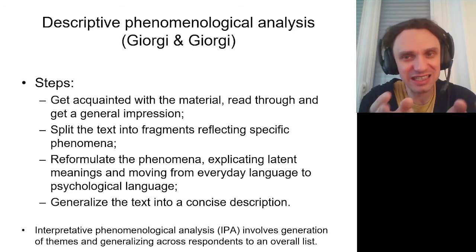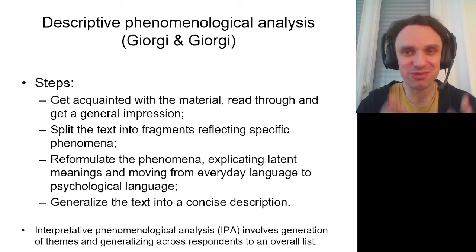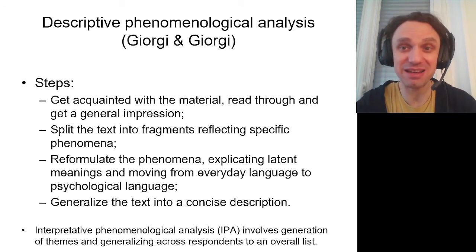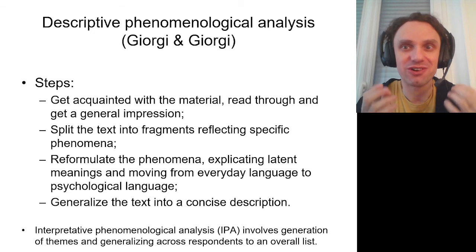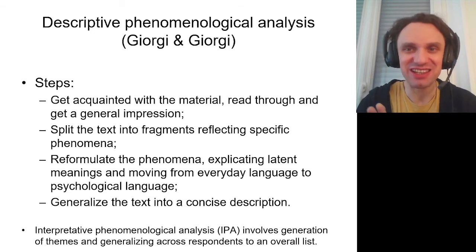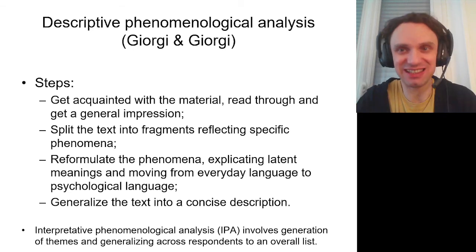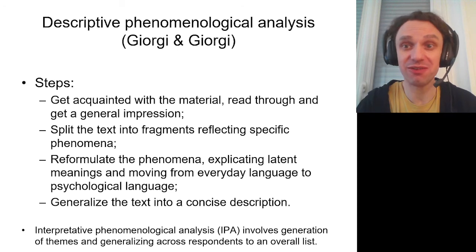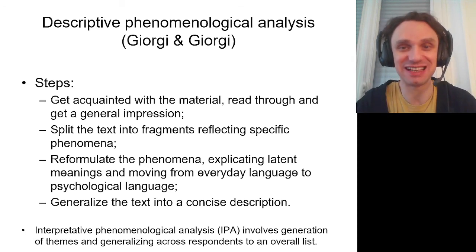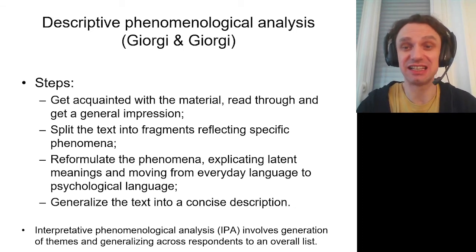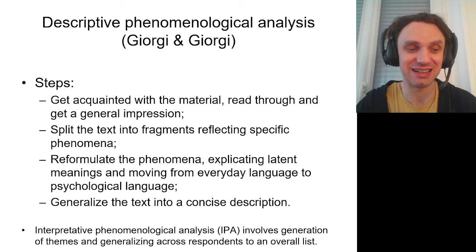So your goal is to explicate and to present what you understood, and some of these might be actually your intuitions about the content of this text. But in going to this level of intuition, you need to be very careful and to verify whether your intuition is coherent with this text. And then at the end, you generalize the text into a concise and very brief description.